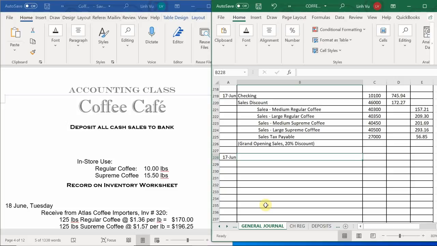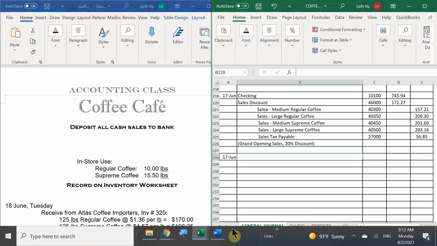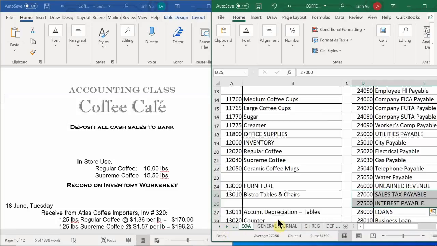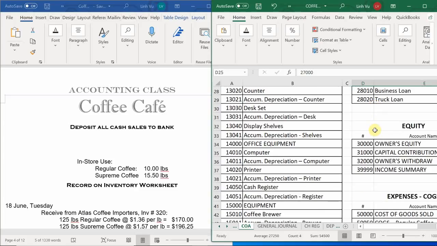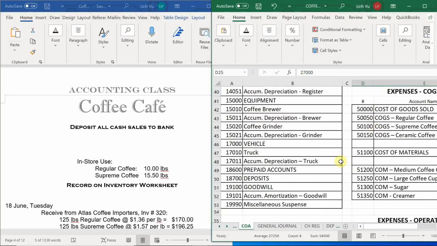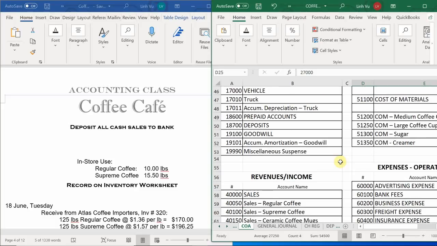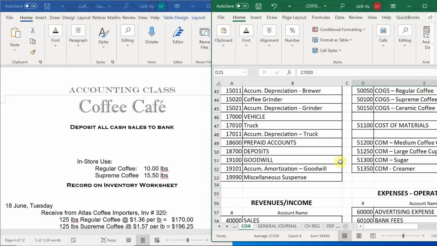Now, which account is going to reflect me taking this inventory out? Would it be assets? We are taking it out from our assets, yes.